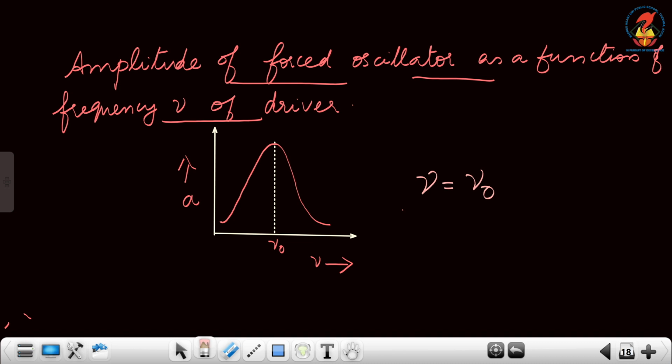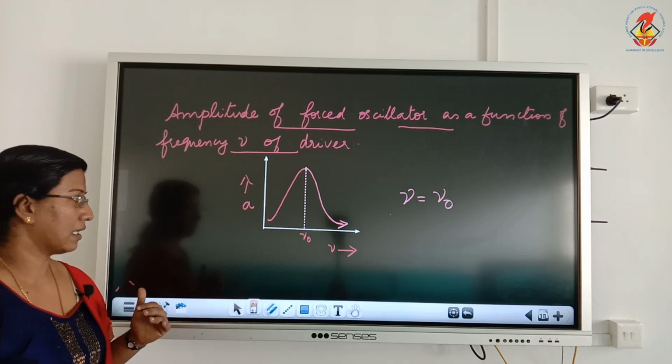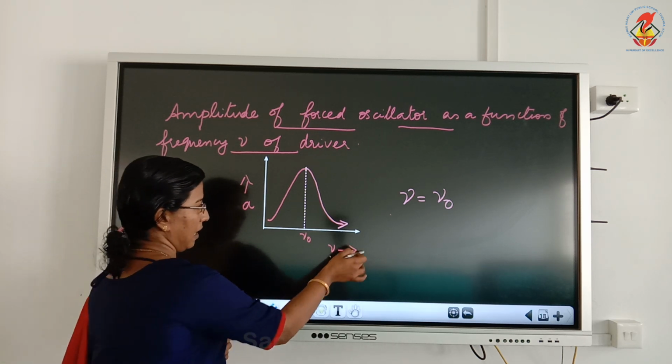Then the amplitude of vibration will be maximum, and such frequency is known as the resonance frequency. Then the amplitude decreases with further increase in the frequency of the external agent.